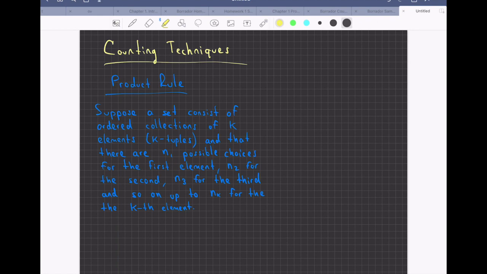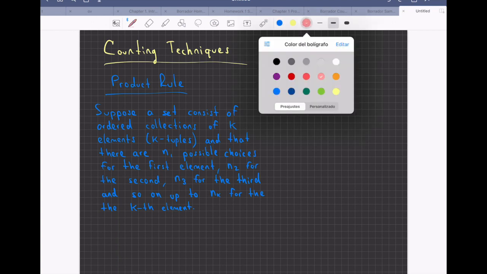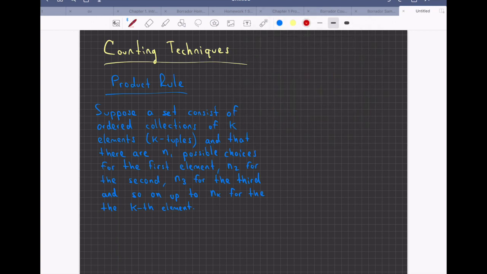So we have a collection of k elements, and there are n1 possible choices for the first element, n2 for the second one, n3 for the third one, n4 for the fourth one, and so on up to nk for the kth element.